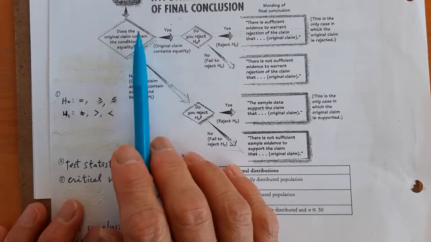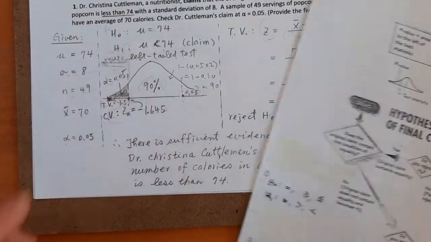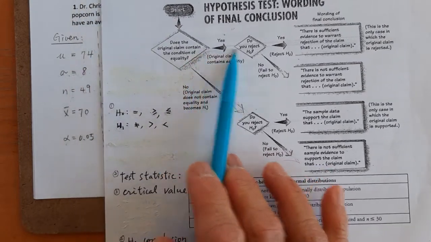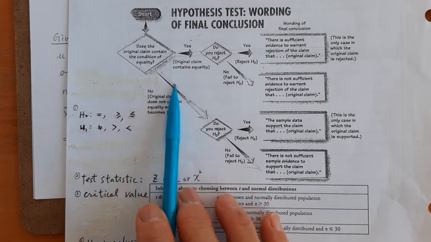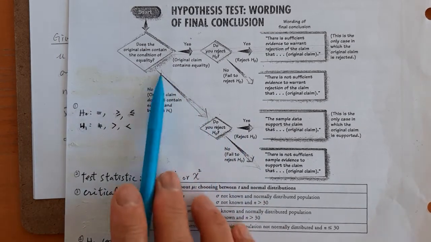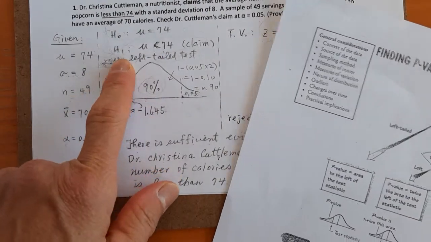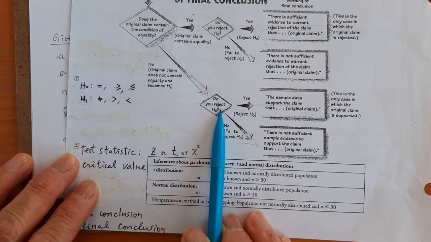Then the fifth step, write down the final answer. Decide if your claim is H1 or H0. If your original claim is H0, go this way. If the original claim is H1, go this way. Since the original claim is H1, the alternate hypothesis, we go this way.